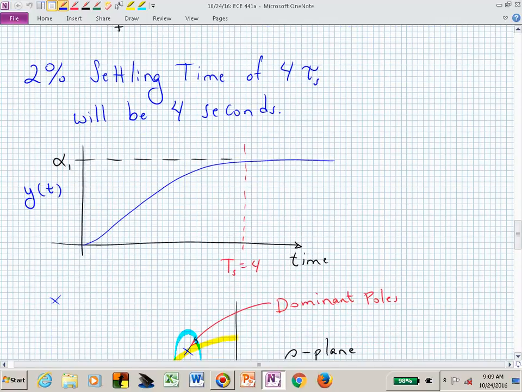The quickest one, e to the -5t, is already done in a quarter of the time, so we don't see much of that fast transient, and we have our system dominated by that slow pole. And that's where this dominant pole terminology comes from.